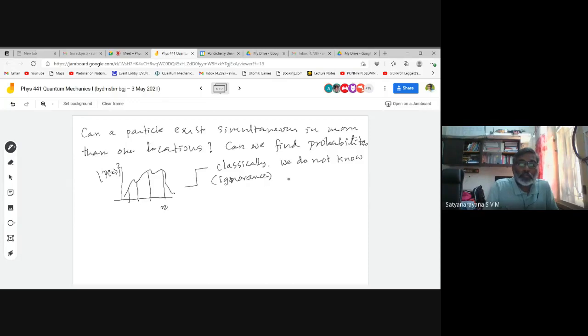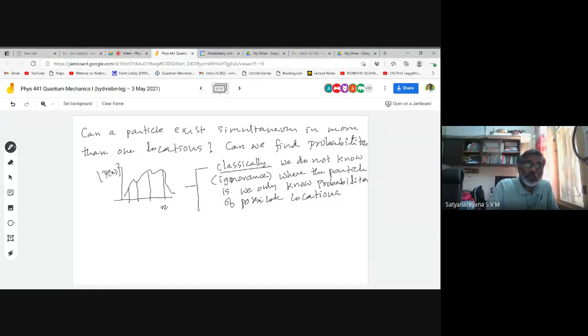We do not know where the particle is, we only know probabilities of possible locations. This is basically what we do in classical statistical mechanics, or classically whenever we use probability.